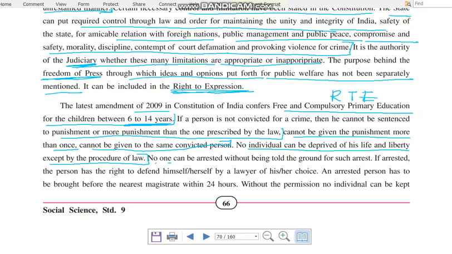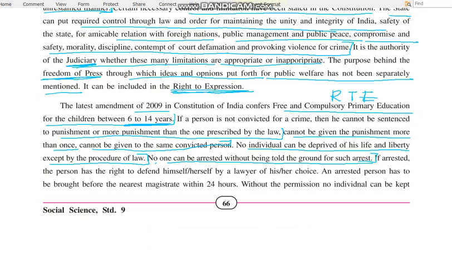No one can be arrested without being told the grounds of arrest. The reason for the arrest is needed, and for that the government gives an order that is known as an arrest warrant. If arrested, the person has a right to defend himself by a lawyer.